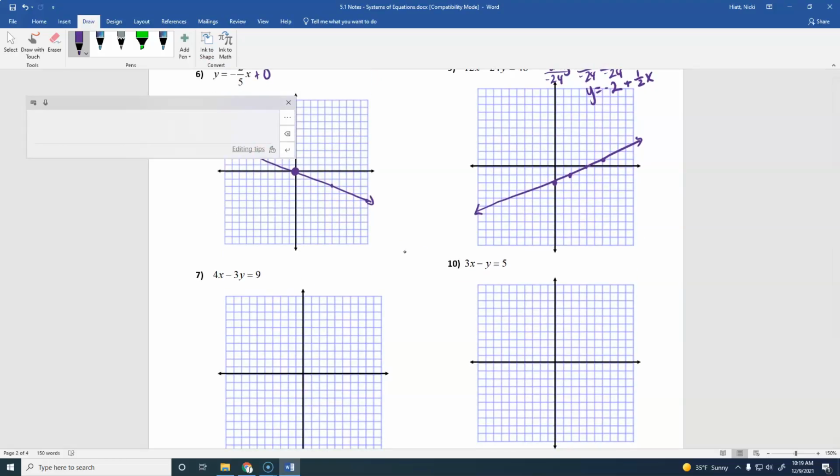For 7, you got 9 minus 4x. That's going to be negative 3 plus 4/3 x. So negative 3, up 4 over 3.